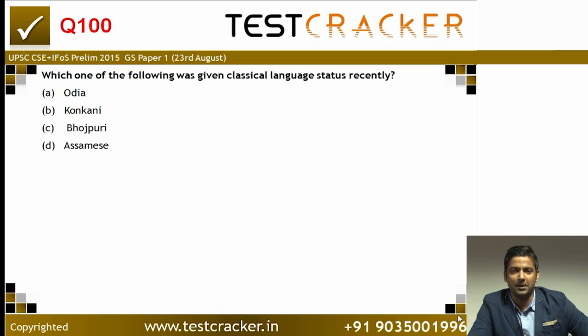Recently, which of these languages has been given the classical status? There is a lot of controversy actually about classical status and what is the actual definition of classical status, how old should a language be to be considered for classical status, how rich should the literature be, and all these things. However, the fact is, in this case it was an easy choice.